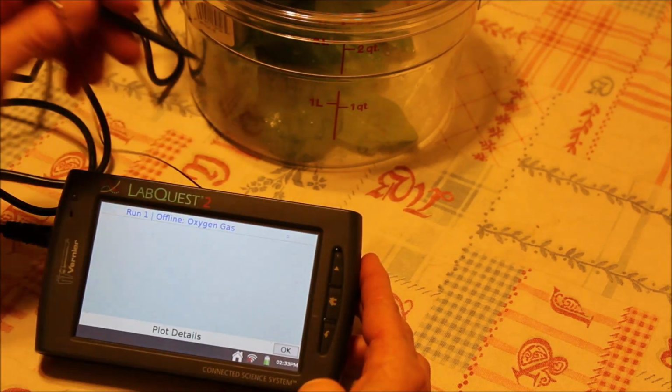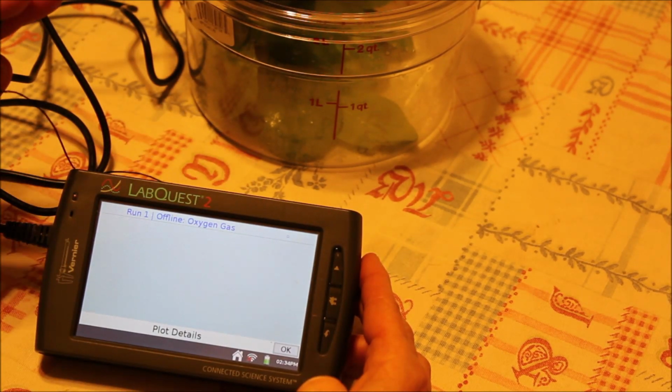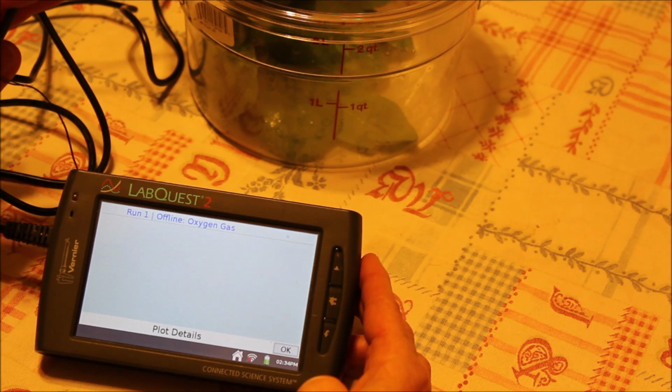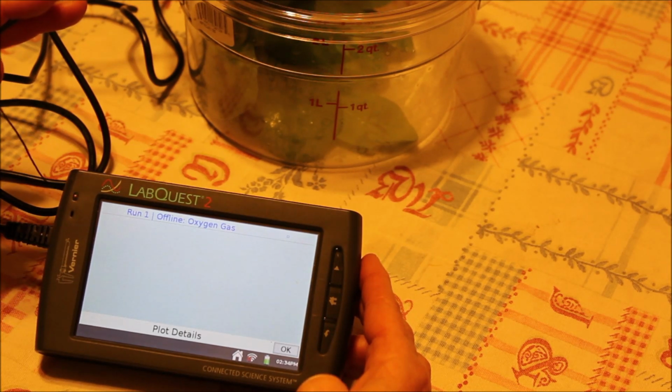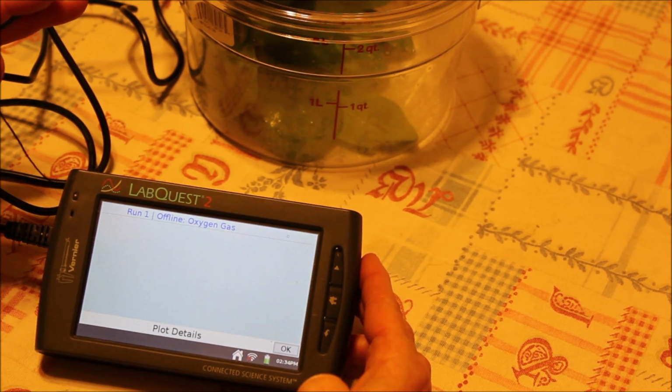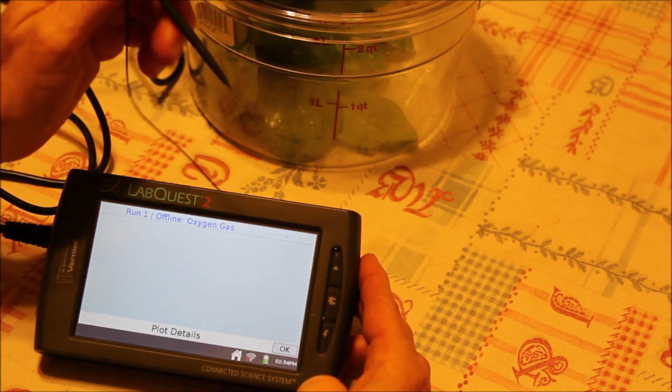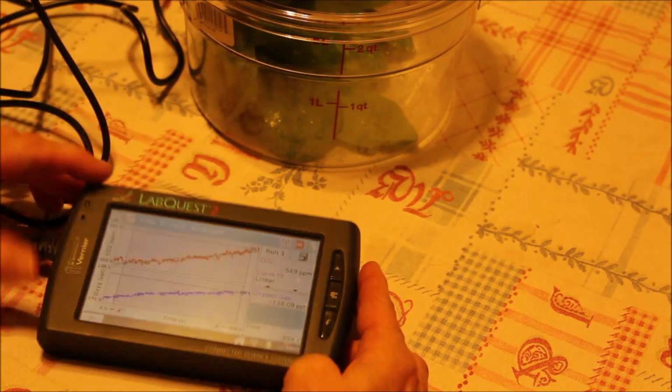That's all basically. So please record the rates for the carbon dioxide as well as the oxygen in the presence of light, as well as in the lack of light. Excellent. Done.